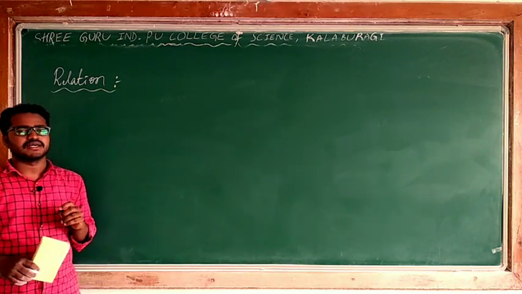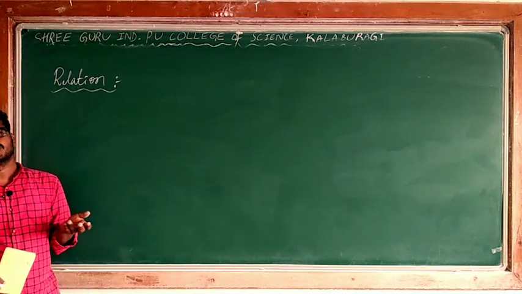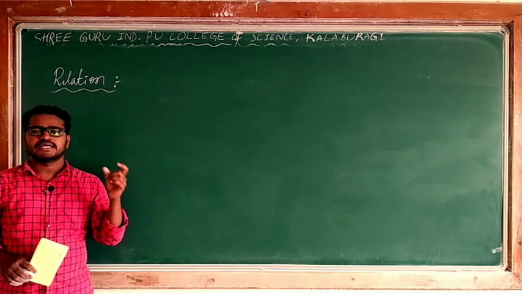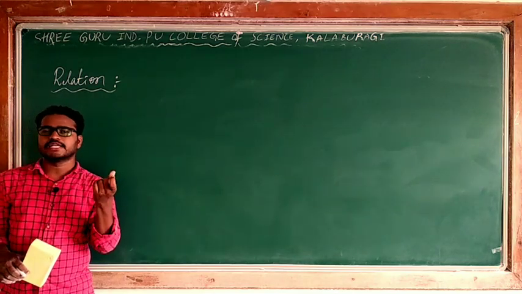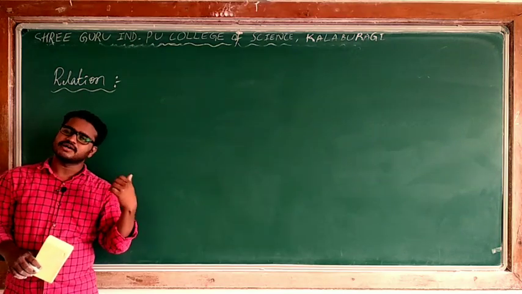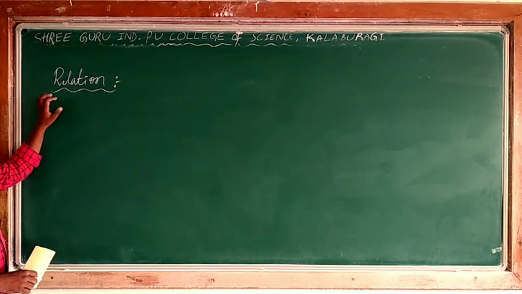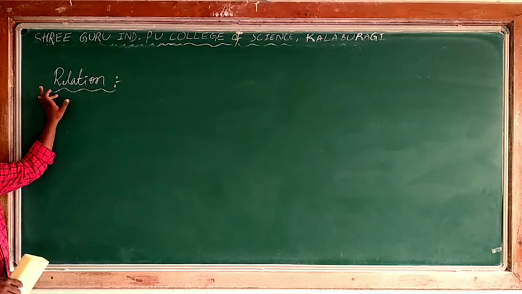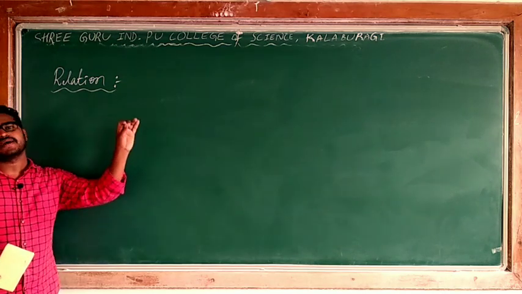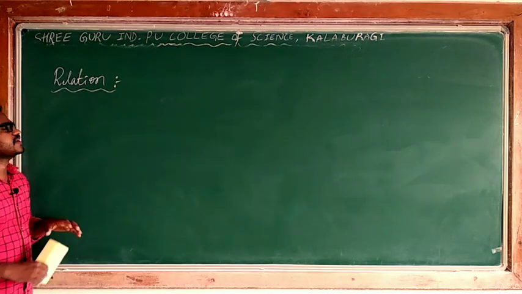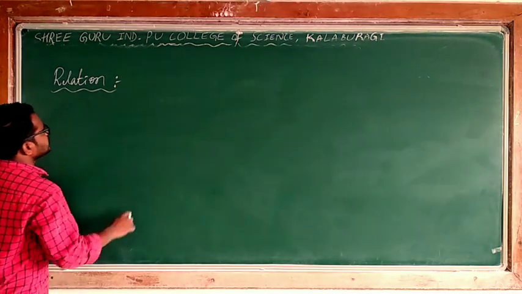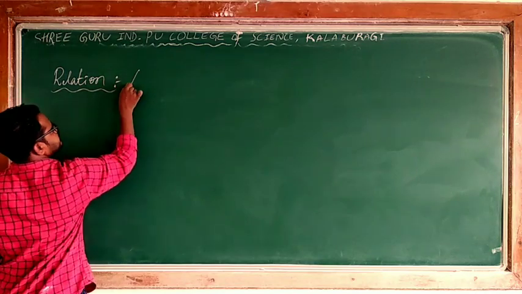Means when I am saying (a, b) belongs to one particular Cartesian product, there we will form one mathematical relation between the first element and second element. So don't worry. Mathematically I can say that a relation is one of the subsets of a Cartesian product. So I will define now. We will define it like a relation R.